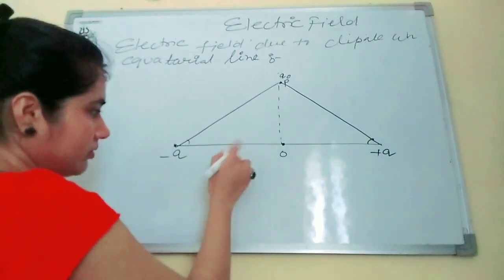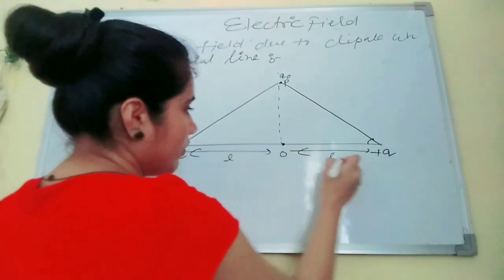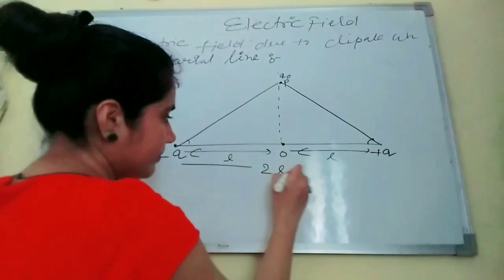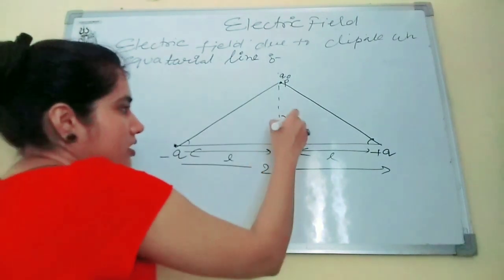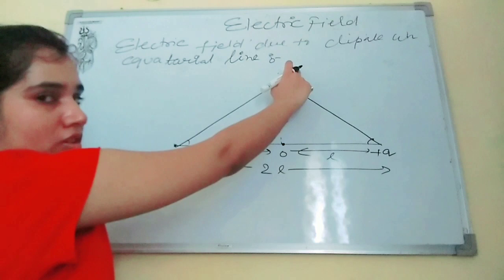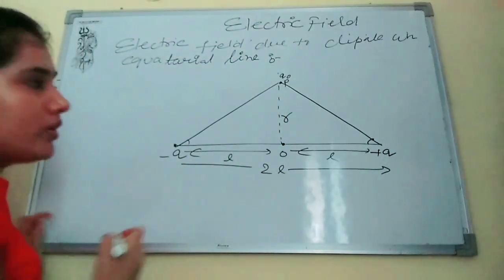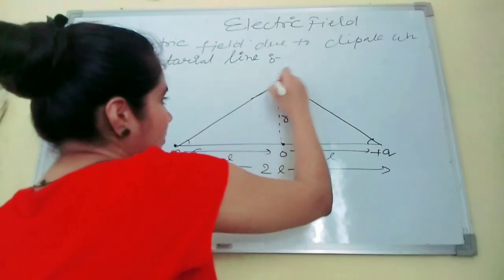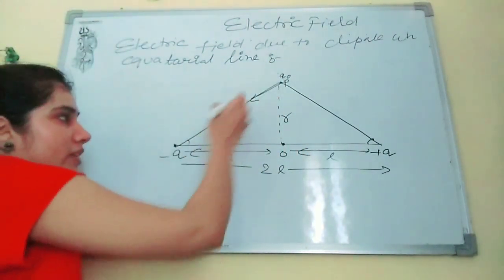We know this distance is L, and the whole distance is 2L. Suppose from point O to P we take distance R. Because of minus Q and this point charge, the direction of the electric field will be in this direction, because this is positive and this is negative, so they get attracted.